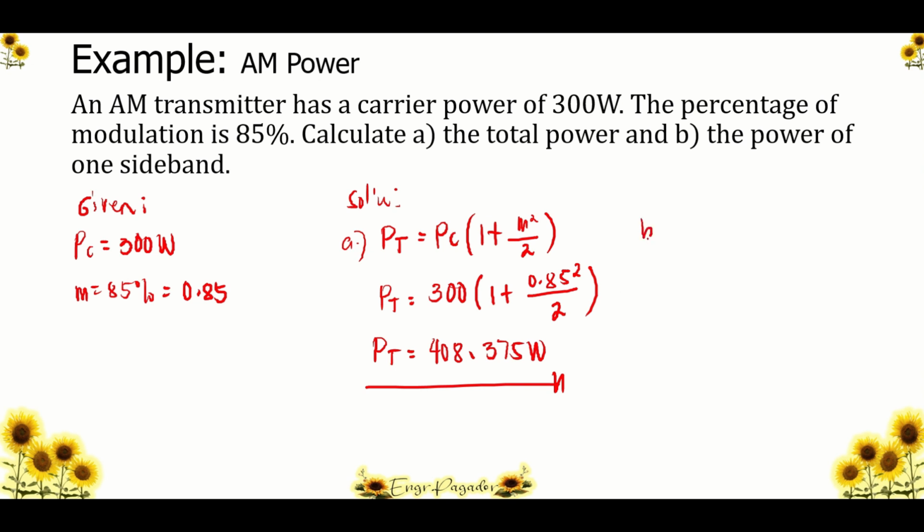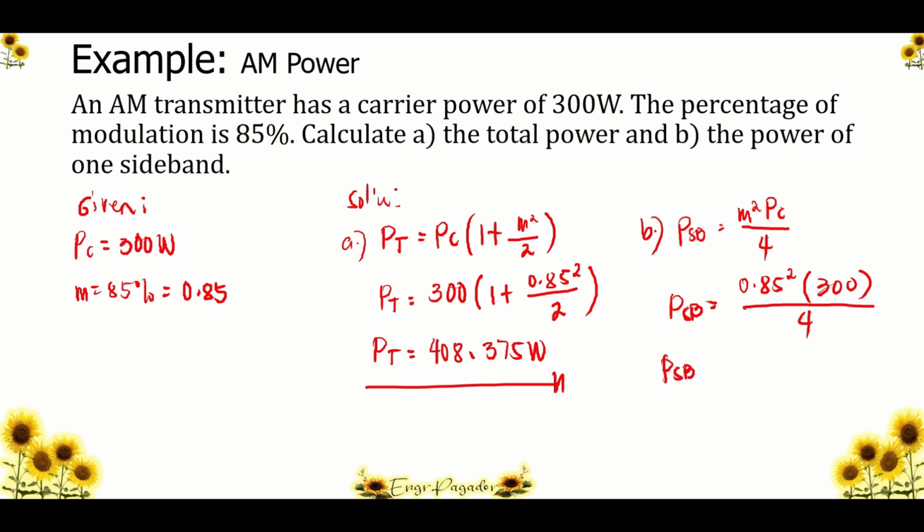How about your letter B? Power of one sideband. So, if you recall, the power of one sideband kanina, given tayo ng M and PC, that will be equal to M squared PC over 4. Okay, so, substituting the given parameters, so that is equal to 0.85 quantity squared times your PC, that is 300 divided by 4.